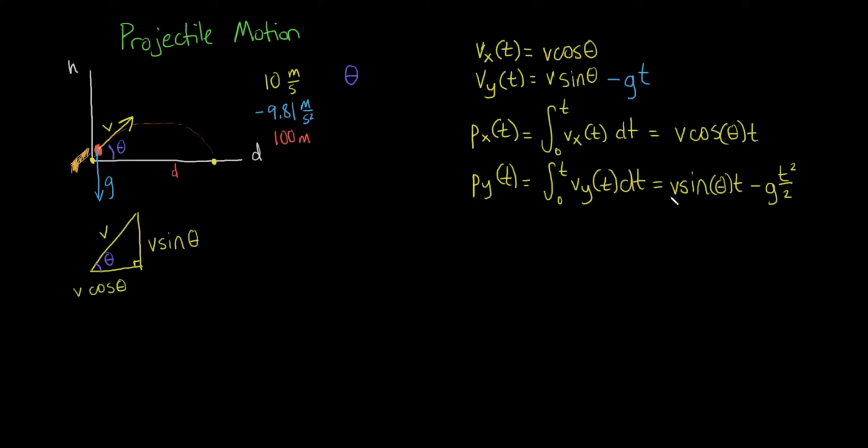Okay, so we know that we have our y position function. Let's just write it out one more time and organize it. We have negative gt squared over 2 plus v sine of theta times t. We're setting this equal to 0.